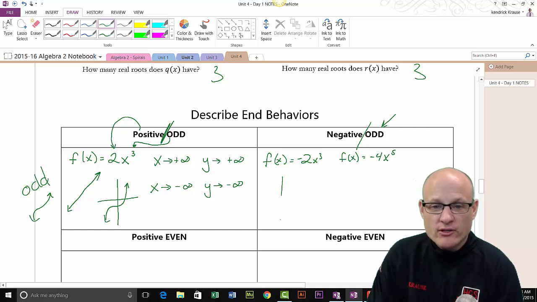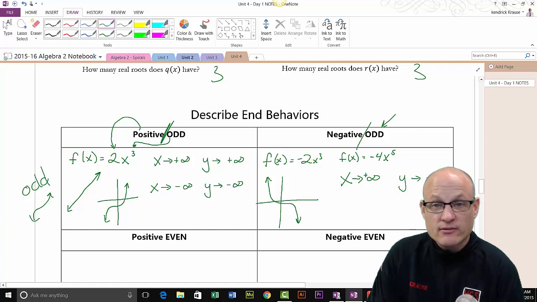What we want to know is, if I had to sketch this, it would be coming down like this. So what I want you to remember is as x gets large or goes towards positive infinity, y is going to get small or go towards negative infinity. As x goes to negative infinity, y goes to positive infinity.